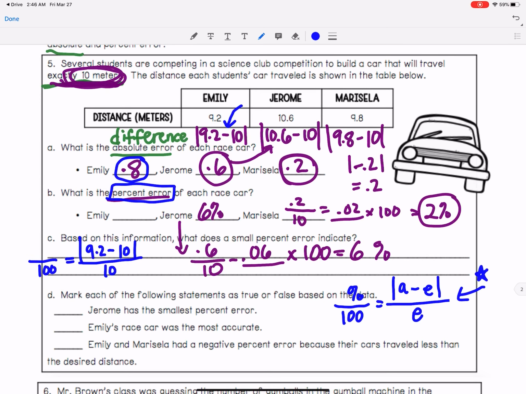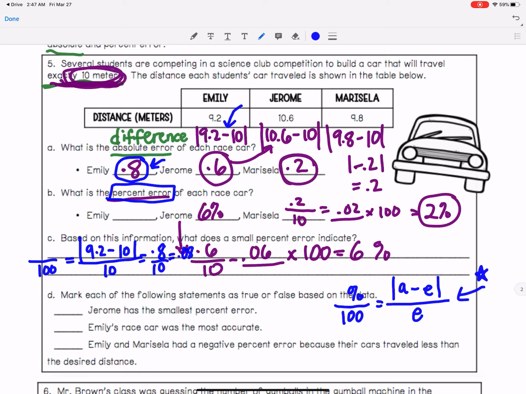Well, let's go ahead and do that. 9.2 minus 10, if we did the absolute value of all that, we'd get 0.8. I know that because we wrote it up above earlier. So 0.8 over 10, and then I just have to times that by 100. 0.8 divided by 10 gives me 0.08.